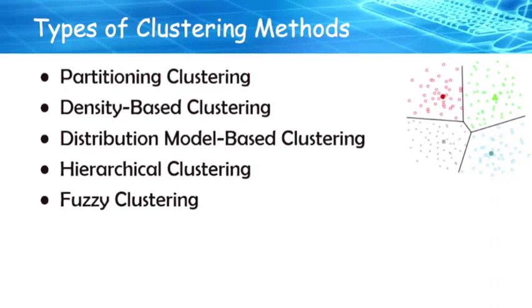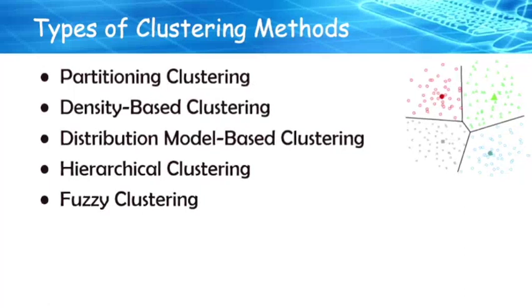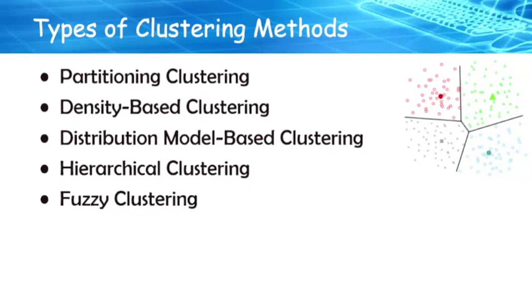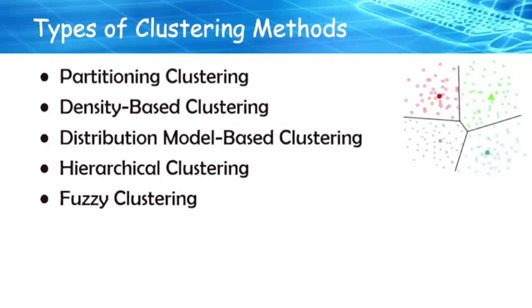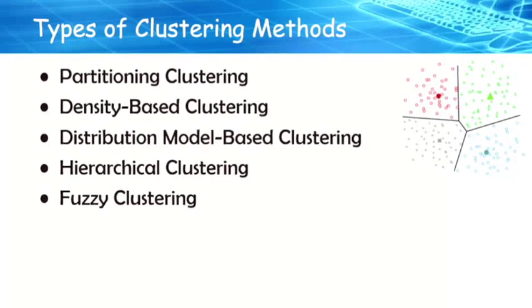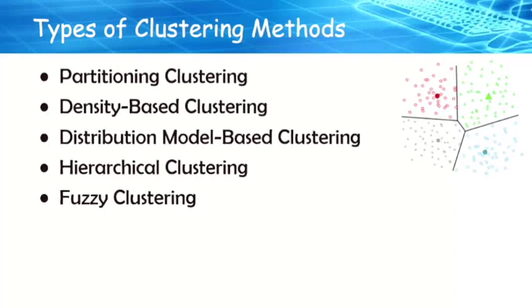Highly dense and arbitrarily shaped distributions are formed as long as the dense regions are connected. So any kind of arbitrary shape is formed. This algorithm identifies different clusters in data sets and connects the areas of high density into clusters. The dense areas in data space are divided from each other by sparser areas, which is the white space we are seeing over here.